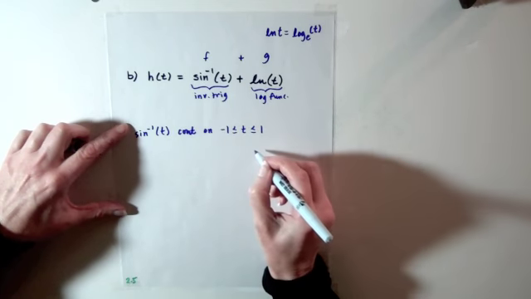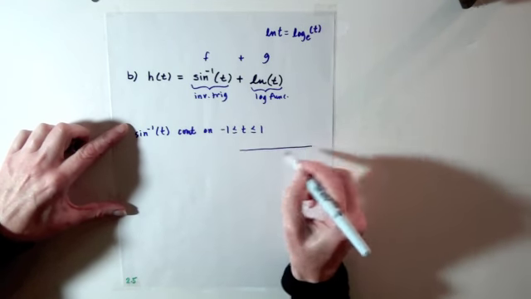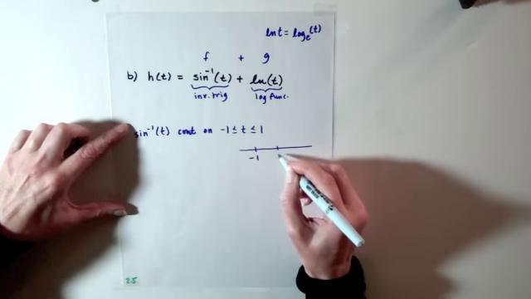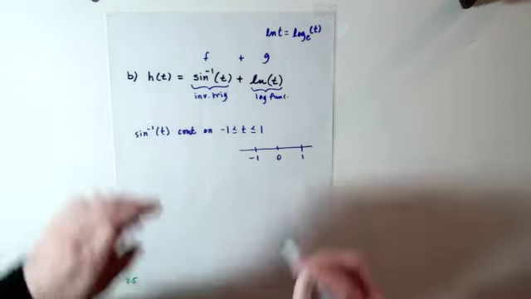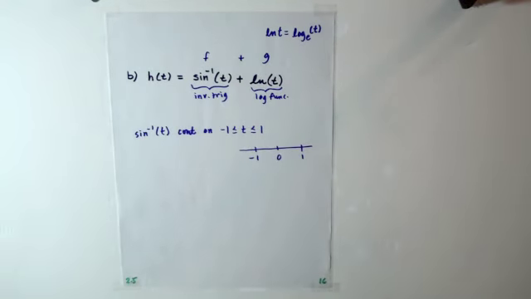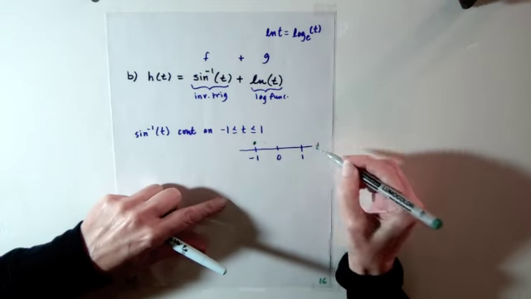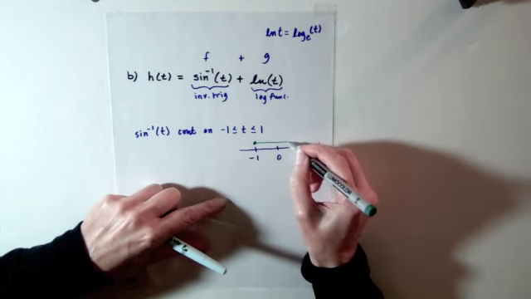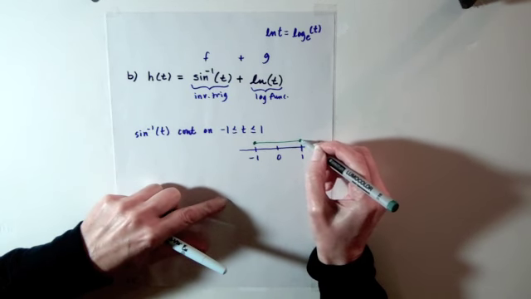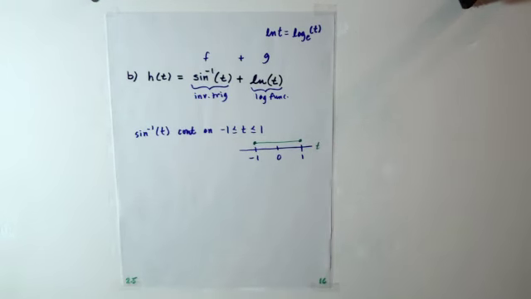So if I drew a little picture of that, what would that look like? Well, here's -1, here's 0, here's +1, and in another color I'll just draw the picture of the values. These are really values of t here, the values of t that would make the inverse sine function continuous. It's all t's between -1 and 1.